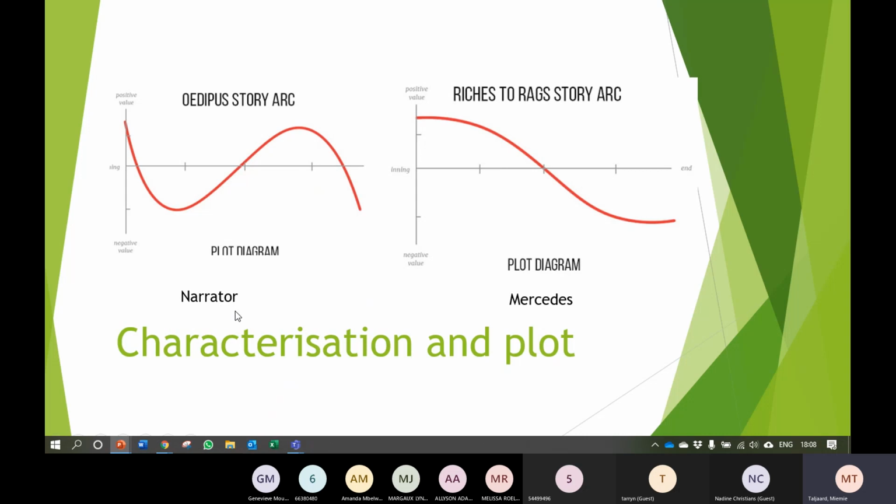If you look at the narrator and we look at the plot, the narration that he tells us, he grew up quite normal. He wasn't terribly rich or whatever, but as he grew up, he had this crush on Desiree. They had to move. It wasn't good, but it wasn't that bad. He found a job, he wrote his articles, and then he moves below the line when he is imprisoned.